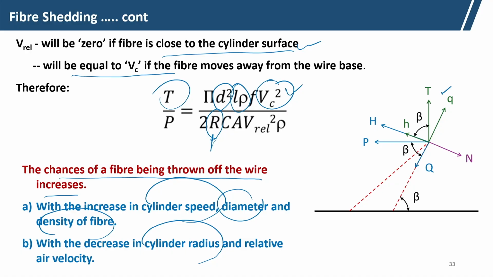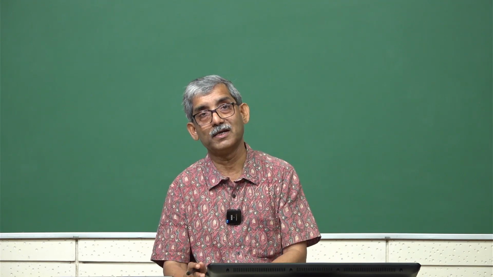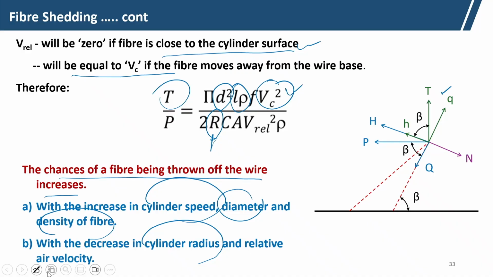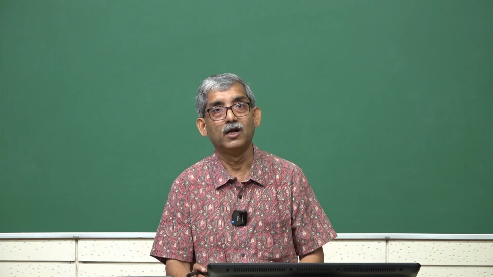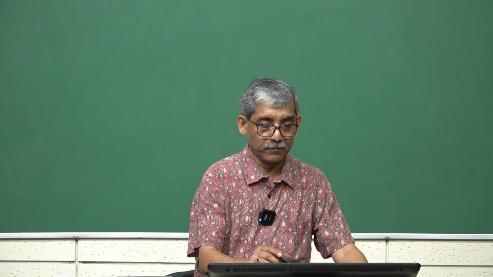So, to have better fiber removal from the cylinder surface, we need lower cylinder radius and relative air velocity should be low to have higher fiber shedding.